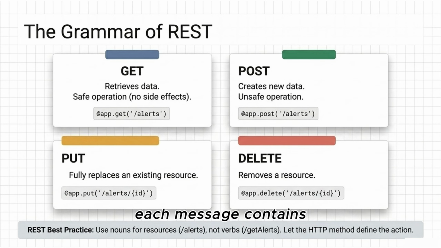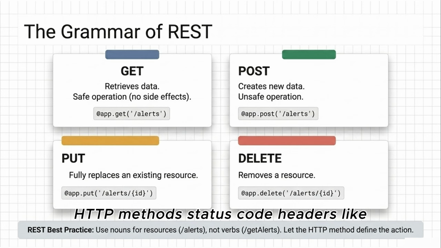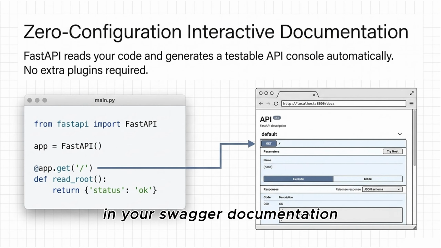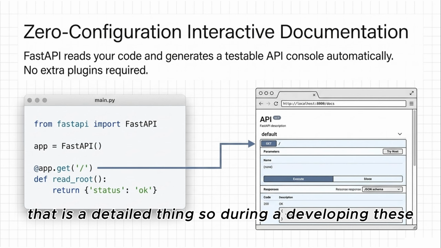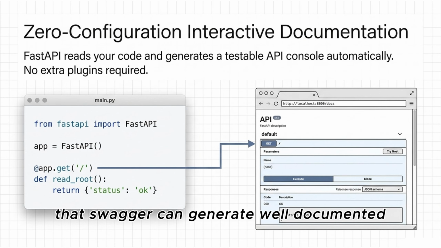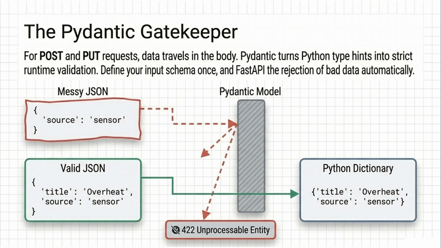Each message contains enough info to understand how to process it: HTTP methods, status code, headers. In your Swagger documentation you can find all this, which is detailed. While writing this REST API code, you will write all these detailed sections so that Swagger can generate well-documented documentation for these REST APIs.